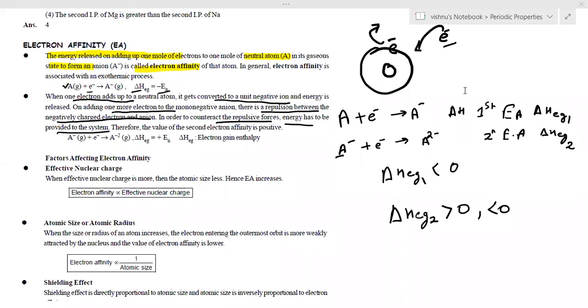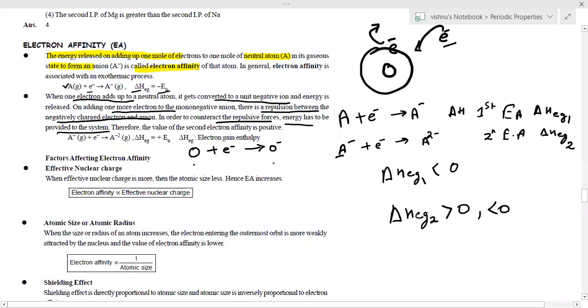So this is the example I'm saying. You can just take the example of oxygen. I don't remember the value actually, so I'm just giving you the example. Oxygen after adding one electron will become O minus. In this case delta H would be negative.